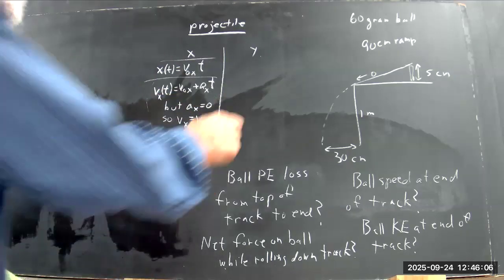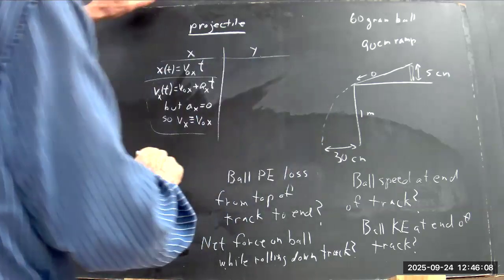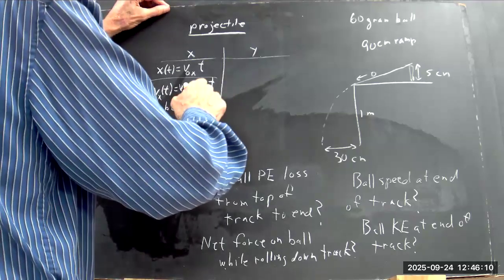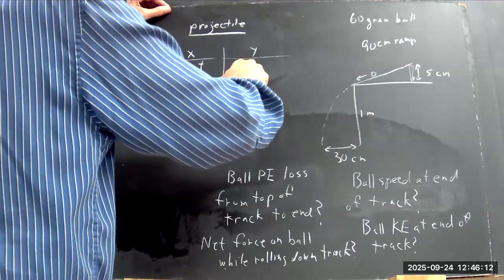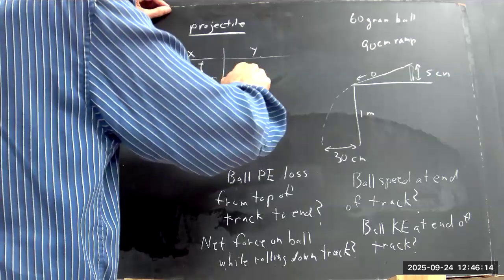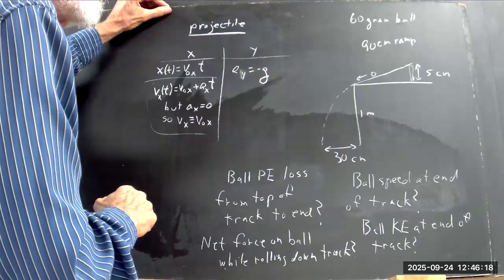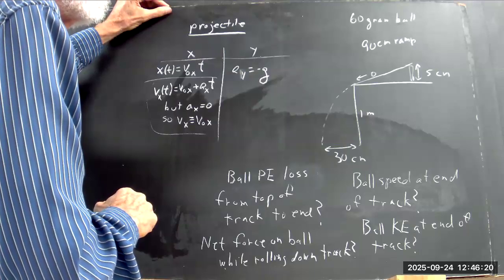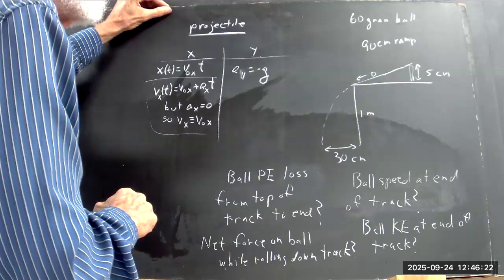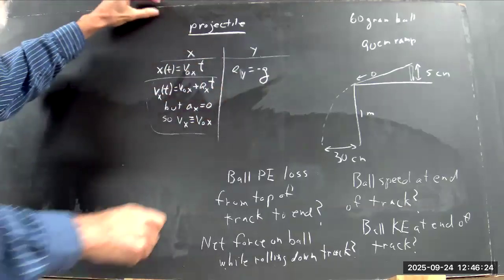Well, let's see what we can get from the y motion. It might be more in the x motion, but the y motion is ay equals negative g. What else?